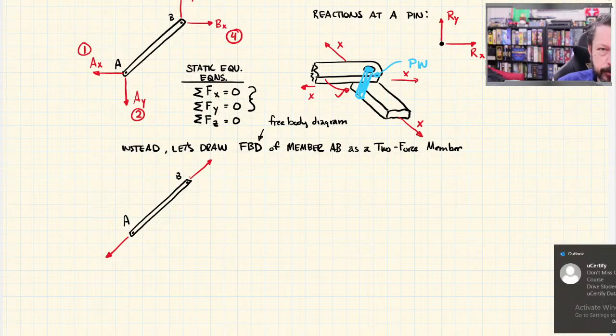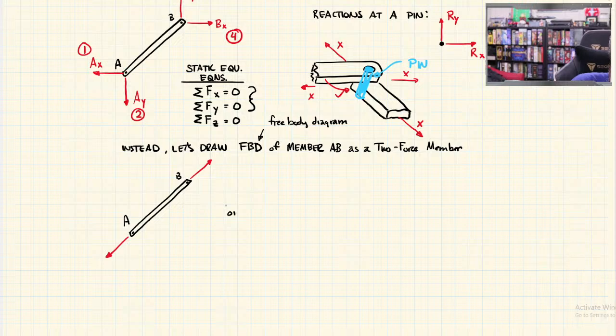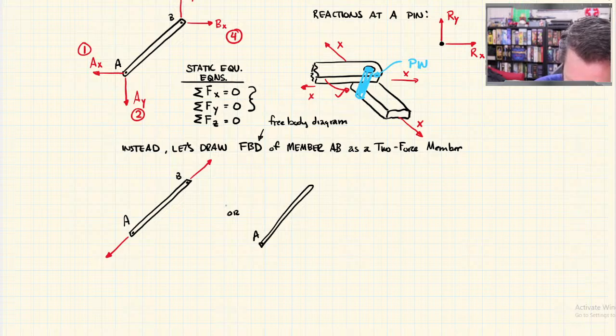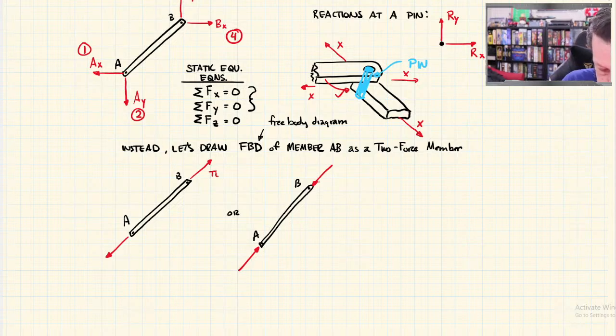Again, I don't know if the arrows point away from it or towards it. It could be that, or this. There's the same free body diagram, and it could be that the forces are going this way. I don't know if they are tension or compression.